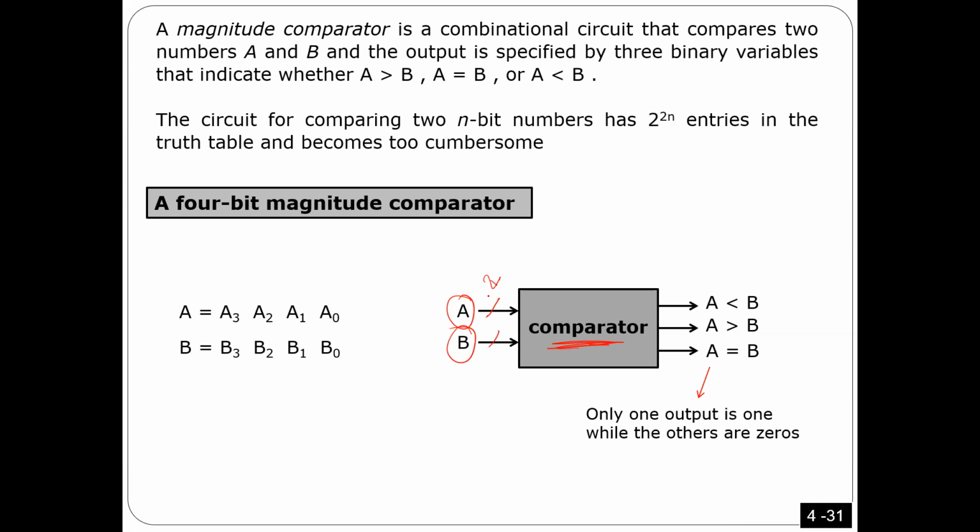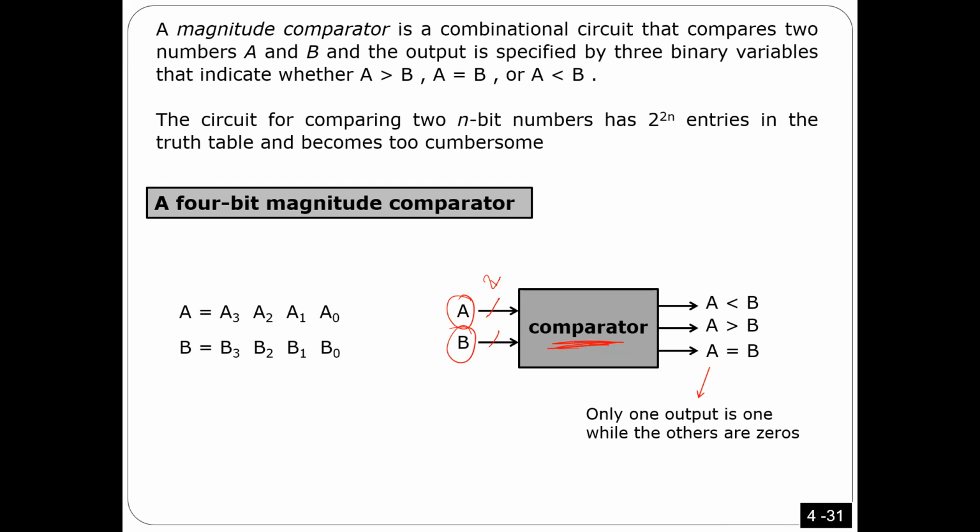It's a number. You understand what I'm saying? I can design it for 1 bit, 2 bits, 3 bits, 4 bits, whatever. So a comparator is a logic circuit. You have two numbers, and the output should tell you if these two numbers are equal, if A is greater, or if B is greater.